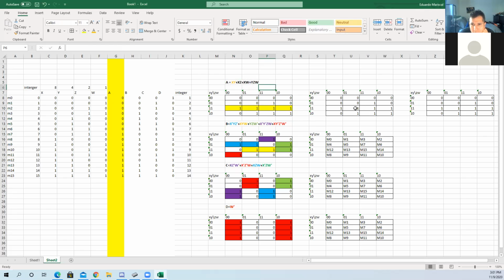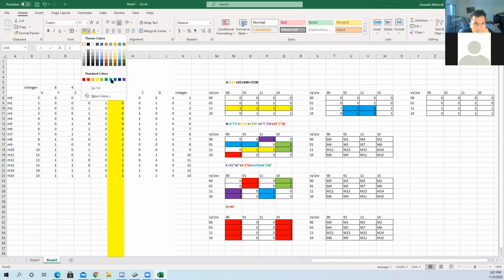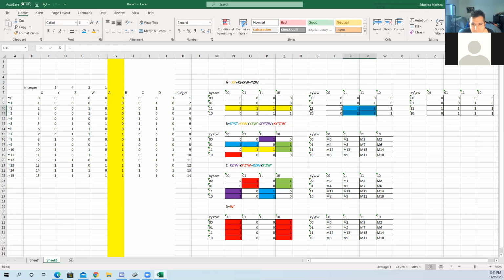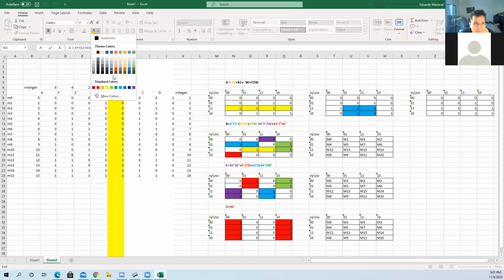And then this 4 right here will be blue, and that's going to be X and Z. Sorry, X and W. That'll be blue.